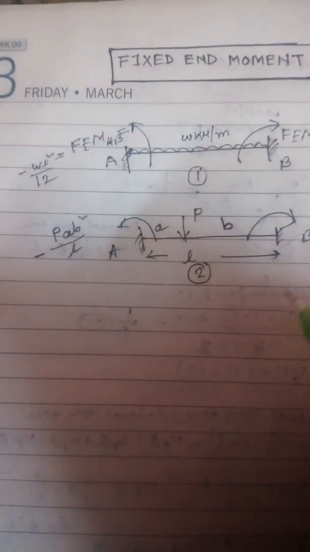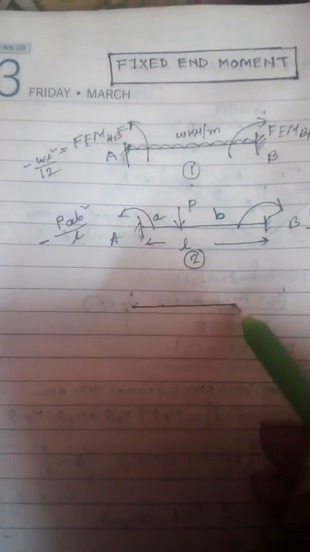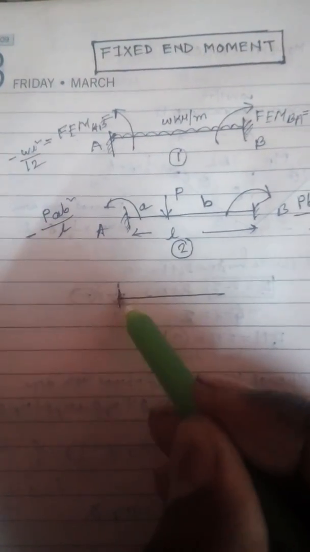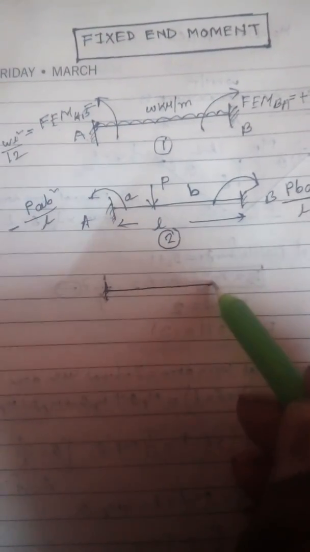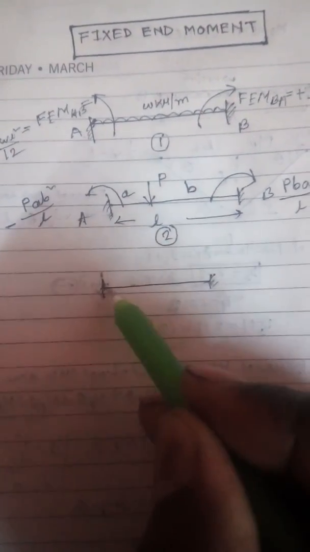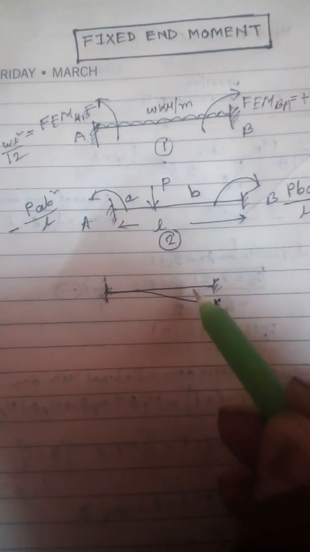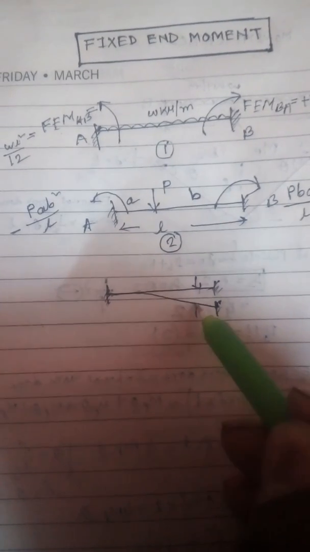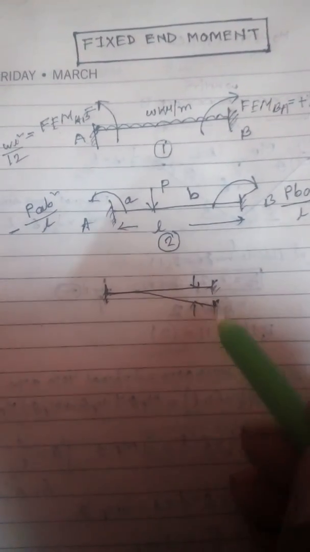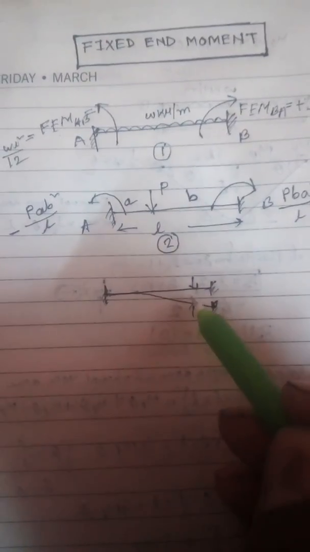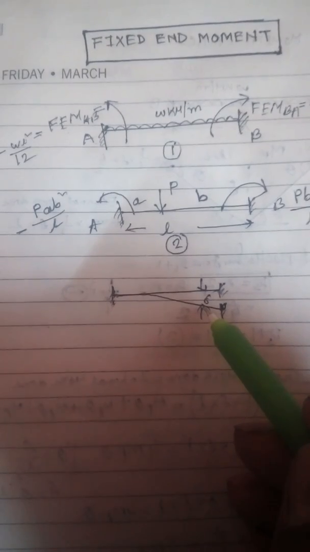Now another case, support sinking. Suppose it's the original fixed beam, but this support sinks by an amount delta. This is the previous position and this is the final position. What will be the fixed end moment in this case?